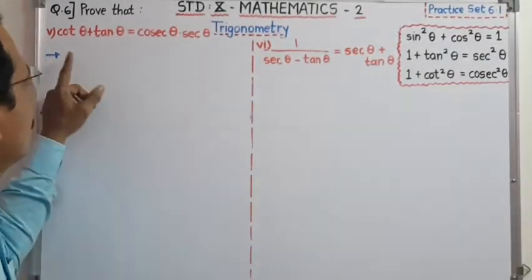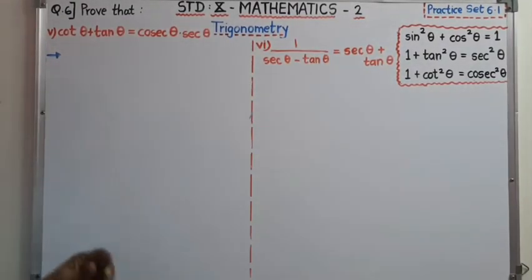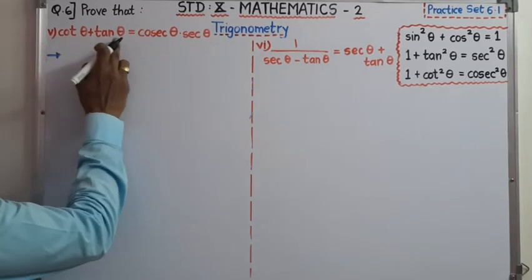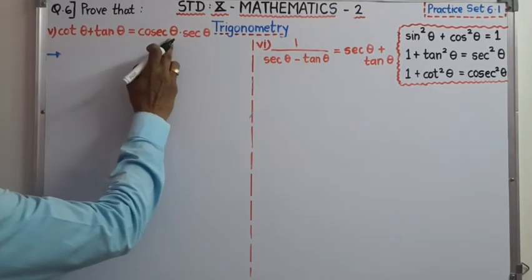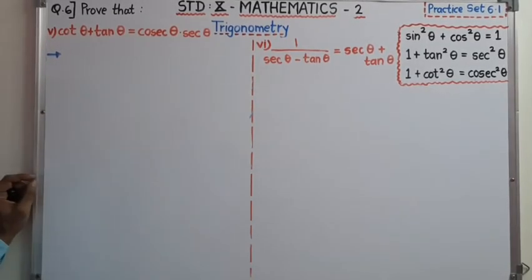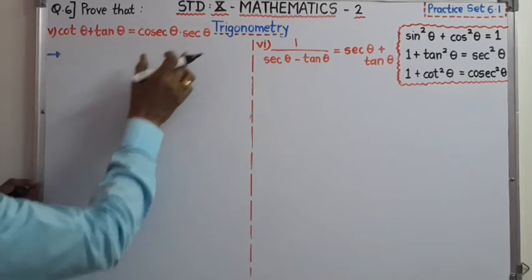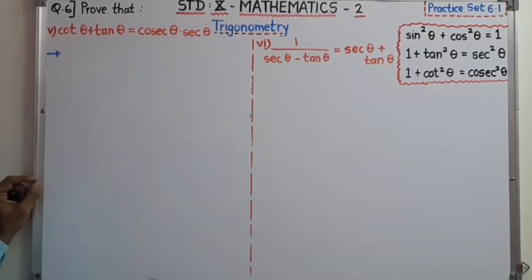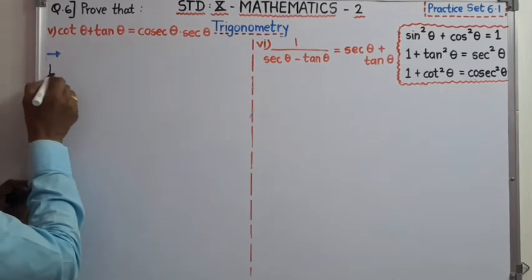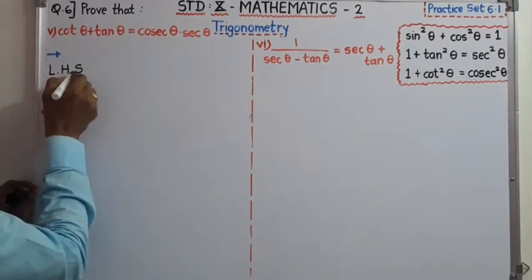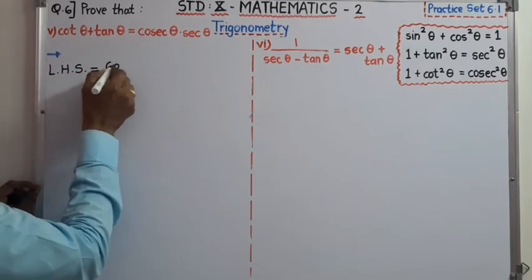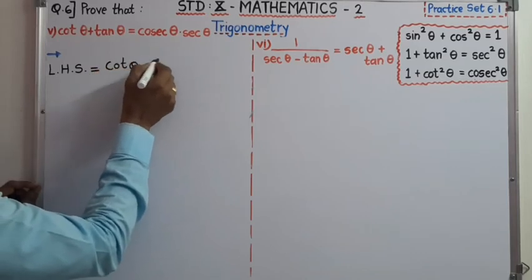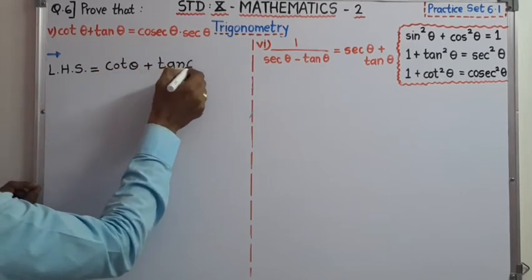See dear student, now we have to start with the fifth one. See, cot theta plus tan theta is equal to cosec theta into sec theta. This left hand side is equal to right hand side, that we have to prove. Therefore first of all we have to write left hand side is equal to cot theta plus tan theta.